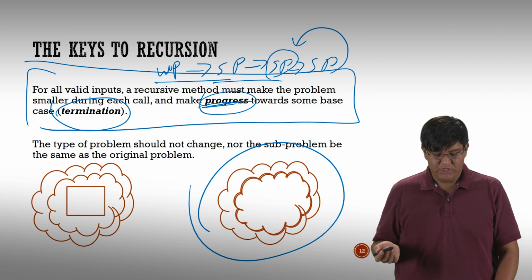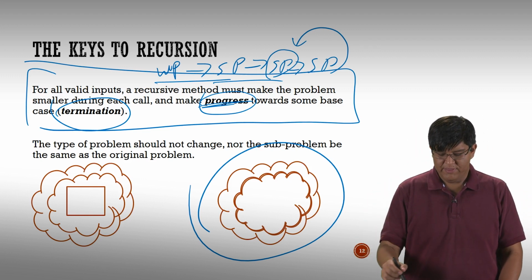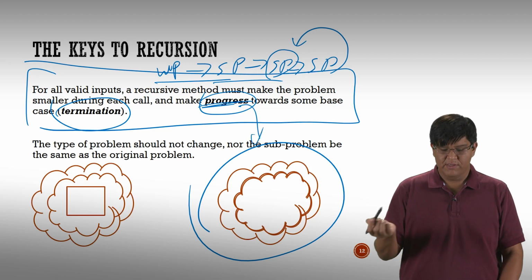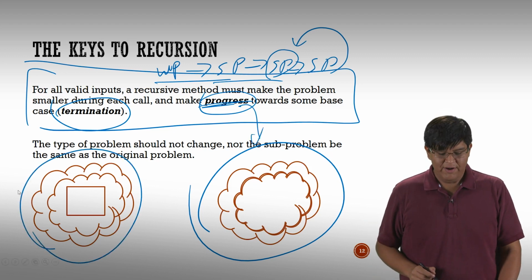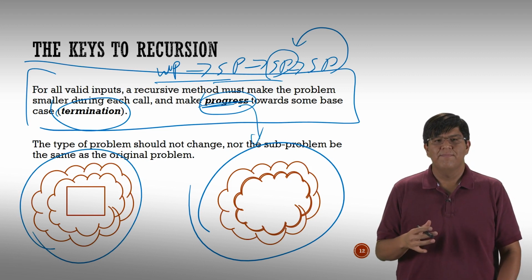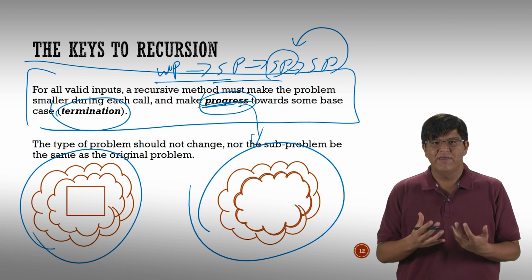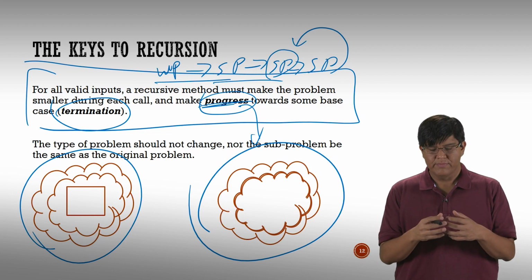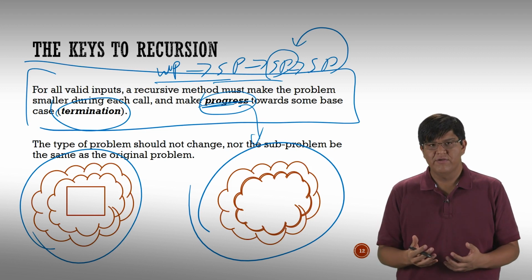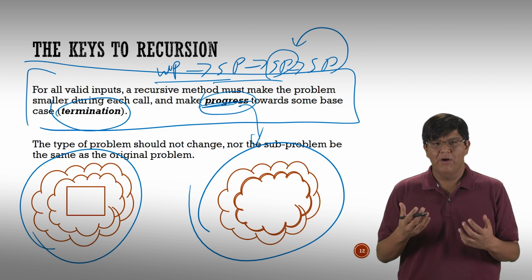All right, some other stuff to watch for. We talked about this already: we need to make sure we're making progress and not staying the same. The second thing is we need to not change our problem. So here, I have a cloud and then a box. If I do that, I get stuck.